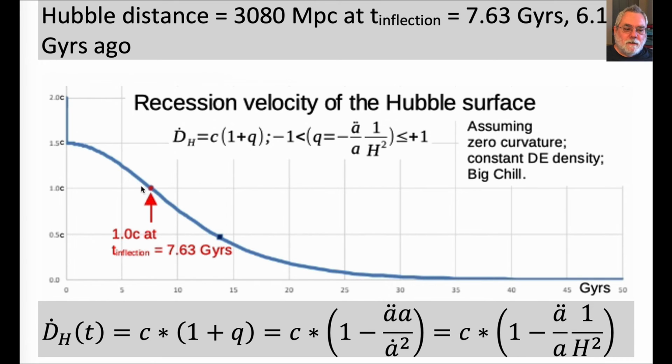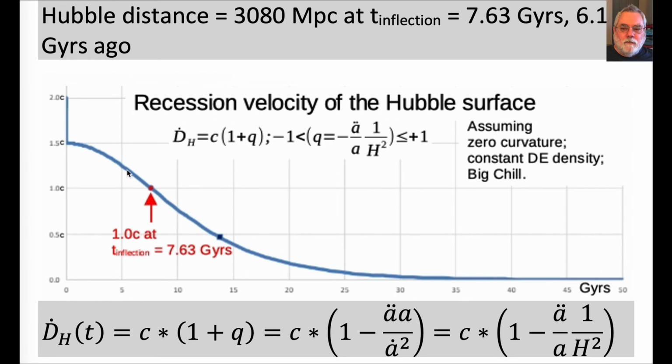Before the inflection time, expansion was decelerating, galaxies' recession speeds were decreasing, and the Hubble surface was receding faster than the speed of light.